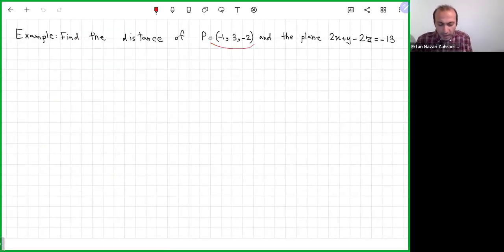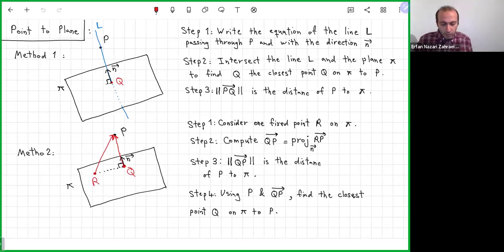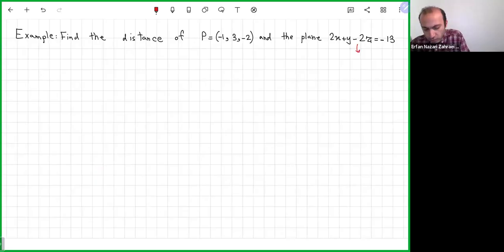Okay, we have this point and this plane. What is the distance between this point and this plane? If I want to go with method 1, first I write down the equation of the line passing through P with the direction of the normal vector. What is the normal vector? It's the coefficients of x, y, z.